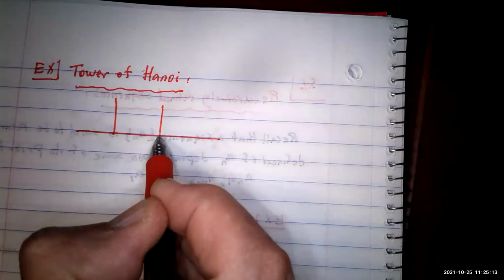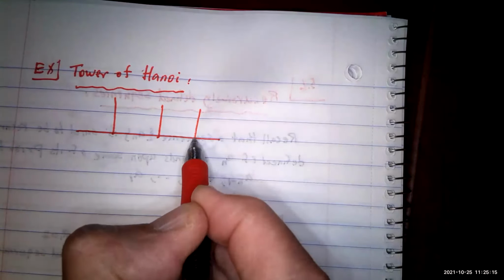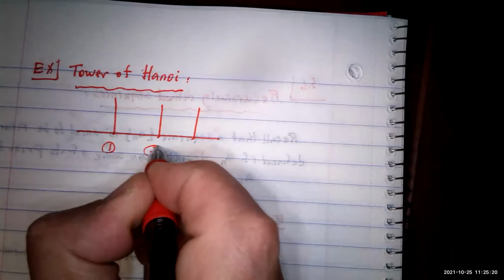The game is that suppose you have a table, for example, here, and these are going to be some big iron bars, if you like. You have these 3 here. Okay, so call them number 1, number 2, and number 3.